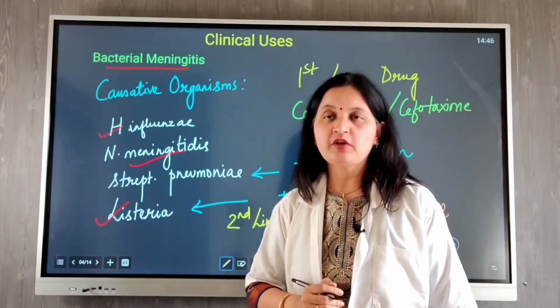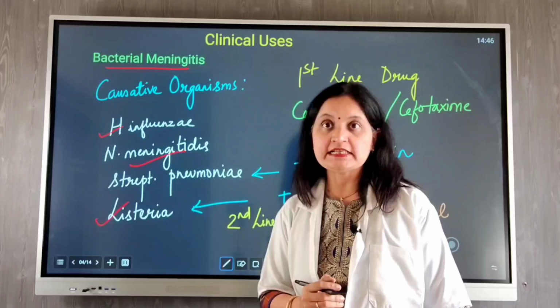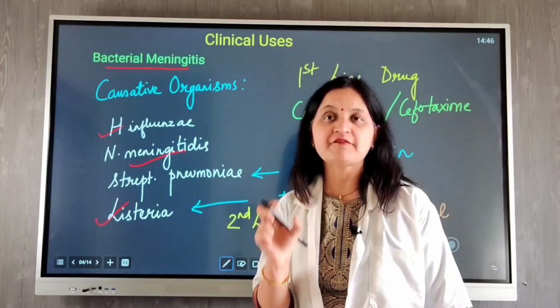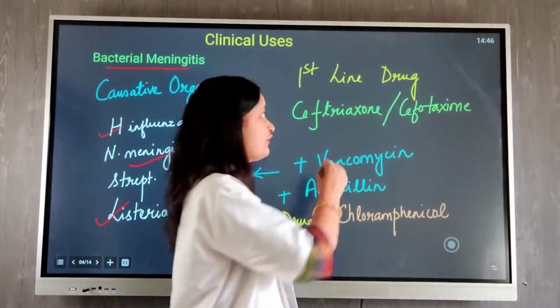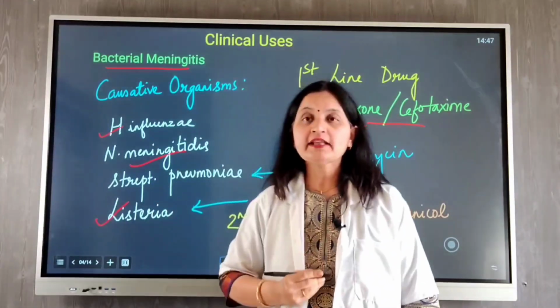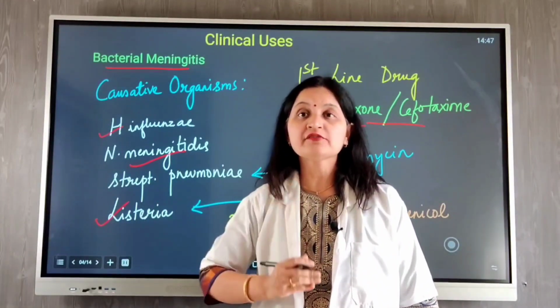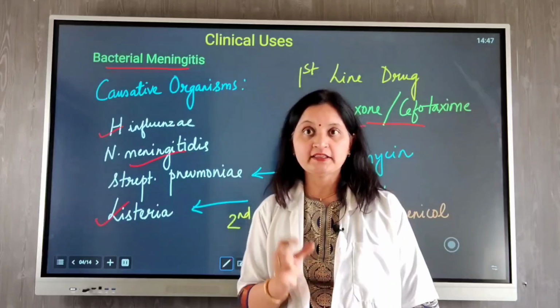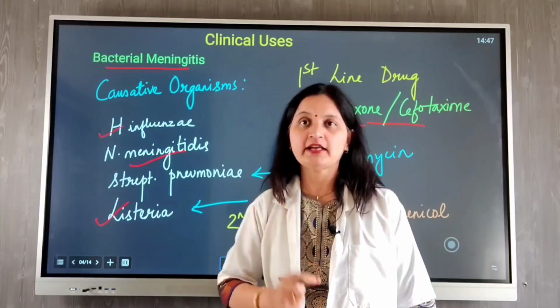The first line drug for the management of bacterial meningitis is a third generation cephalosporin, which consists of ceftriaxone and cefotaxime. Ceftriaxone and cefotaxime attain high concentration in the cerebrospinal fluid and are therefore effective in meningitis.